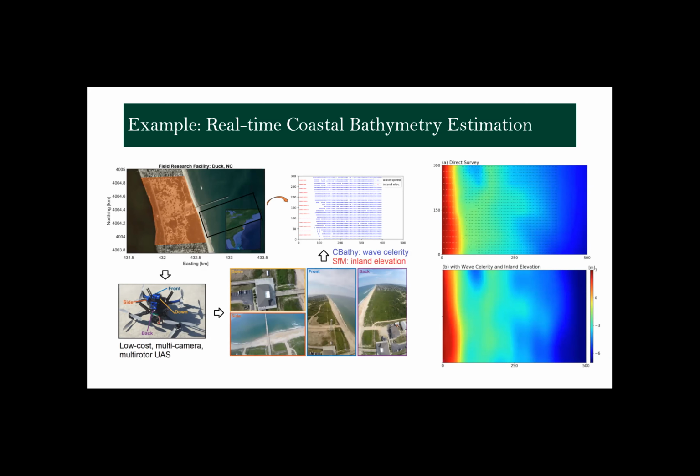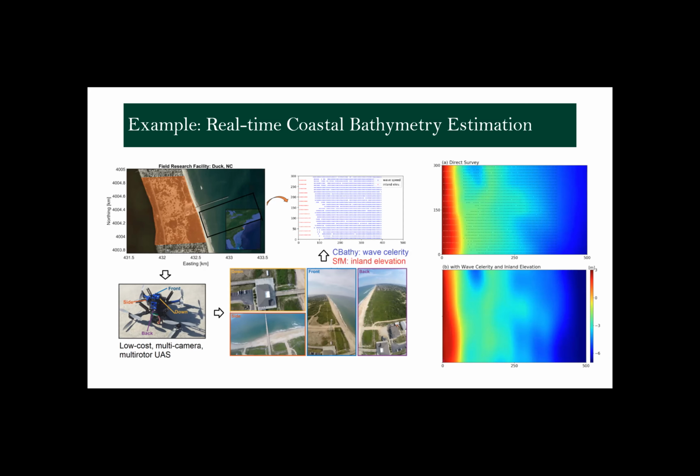You take the contrast, and from the frequency domain you can get the signal, and then you can get the wave celerity. Structure from motion also allows us to get the inland elevation. In the right plot, the top plot is a direct survey followed by interpolation, and this is the truth.